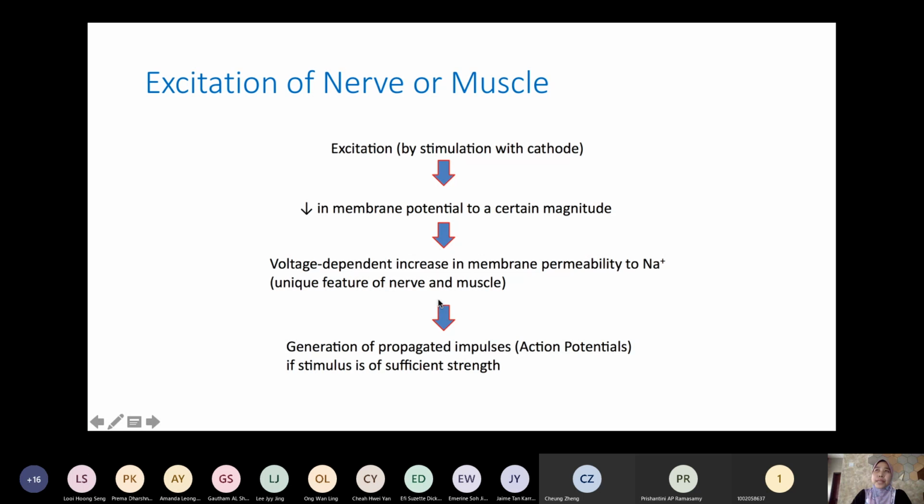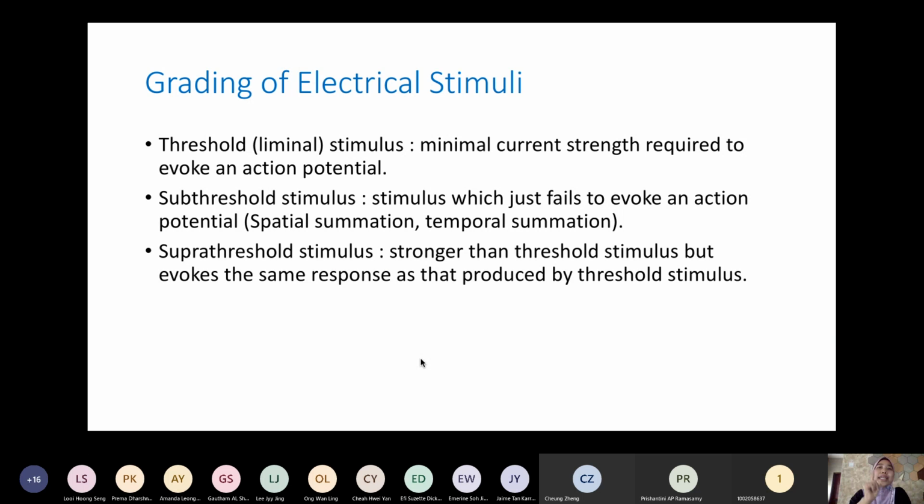Then it will generate the membrane potentials, and once it starts, this electrical current will spread to the side until it reaches the synapse. So it only needs one point. If that one point exceeds the threshold, then the neighbors of the cell will start to be excited. This is the threshold I told you about earlier.